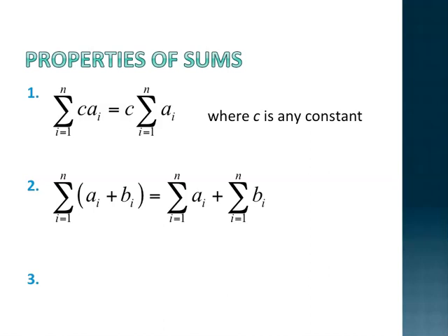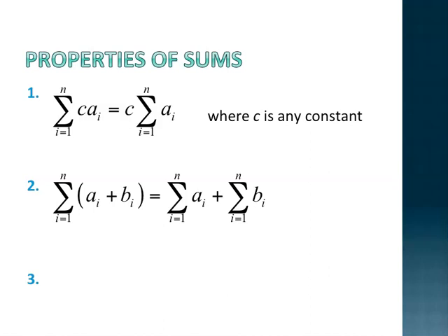So you could sum up the first A sub I terms from 1 all the way to n, and then sum up all the terms for B sub I from 1 all the way up to n, get the answer for both of those, and then add them together, and that would be the same as finding the sum of A sub I plus B sub I.